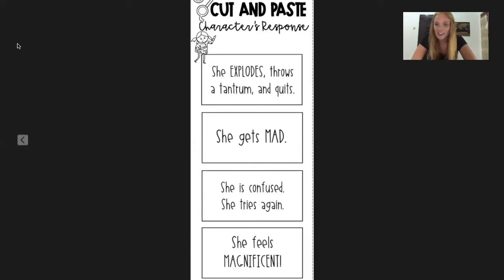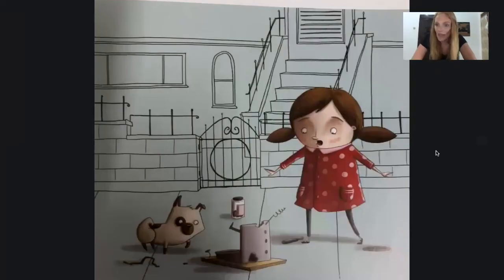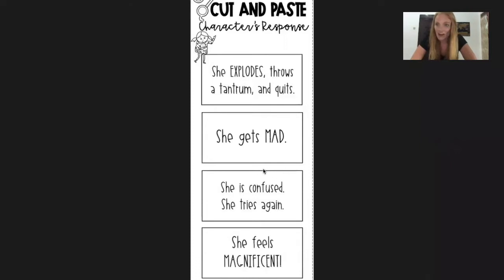All right, let's look at the picture one more time. How does she feel? She mad? Is she exploding? Does she feel confused? Why has this happened? Why is it not magnificent? Or does she feel magnificent? There we go.